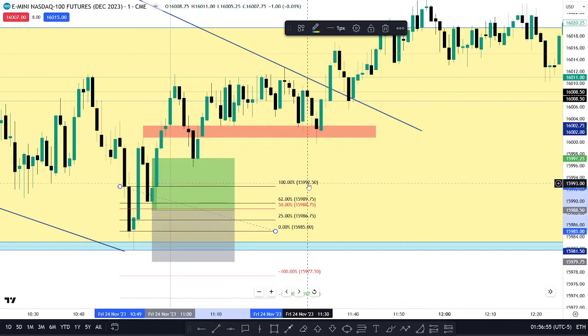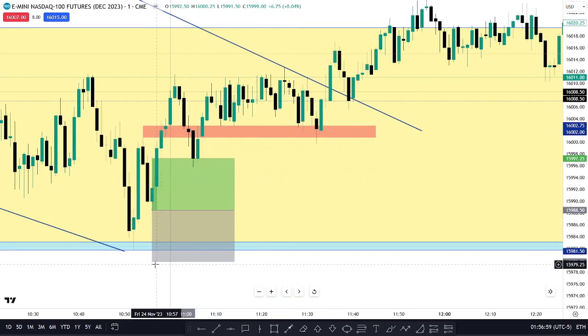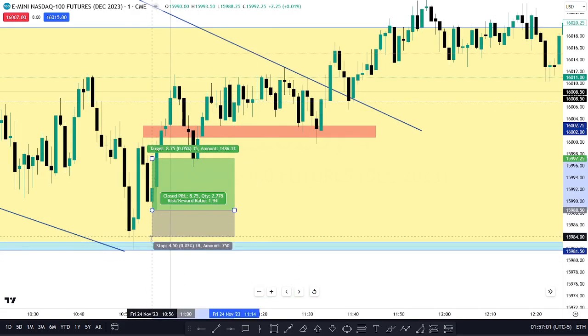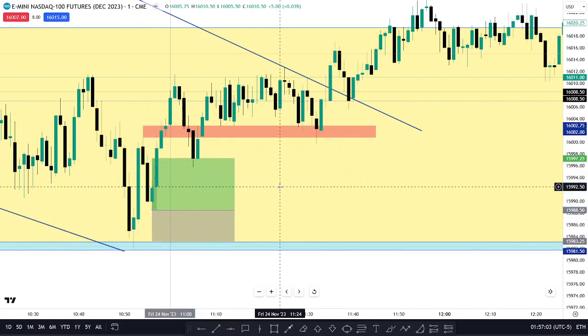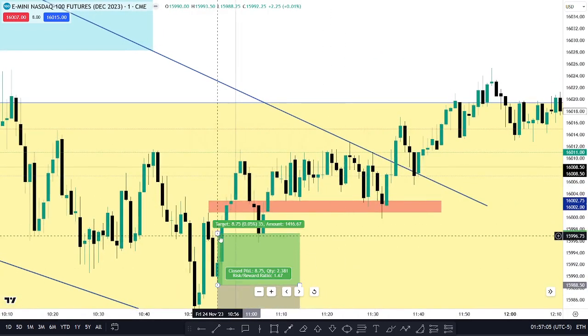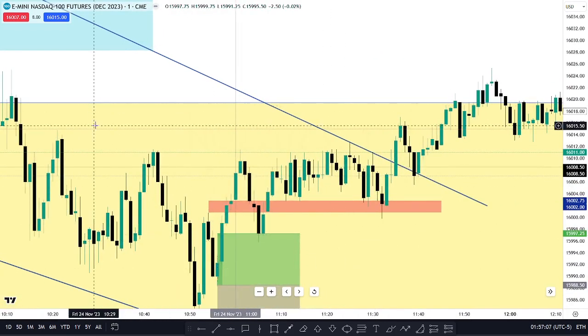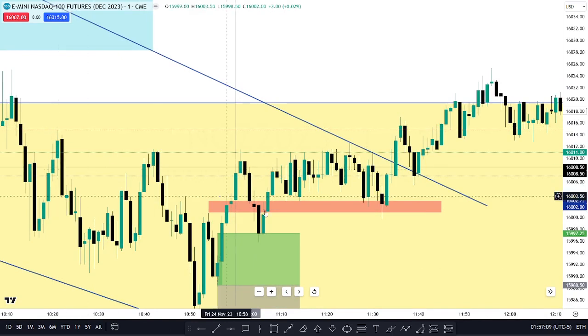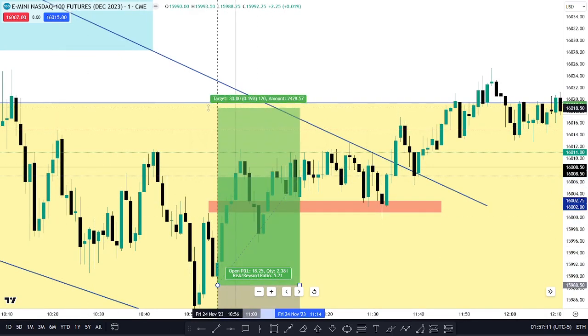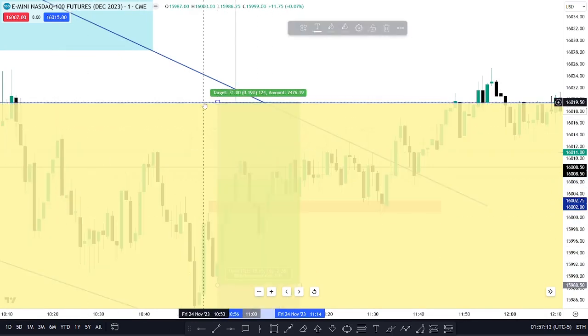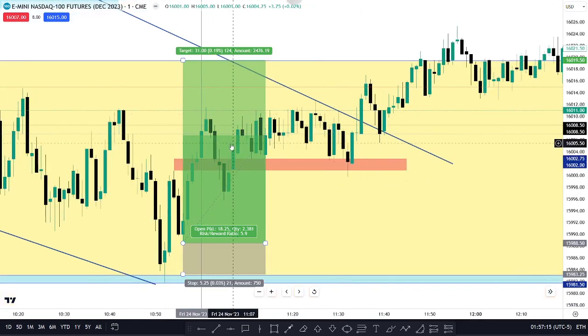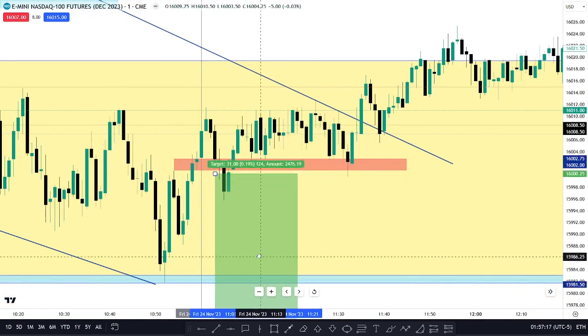Not saying that I took this entry, and I even confess that I'm still doing okay below the consequent encroachment. That's how I would play it, just to be on the safe side. And I know this high needs to be taken out. So right above this, that would be my TP. 1:5.